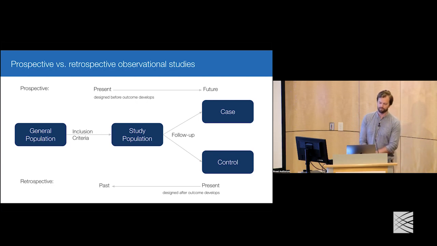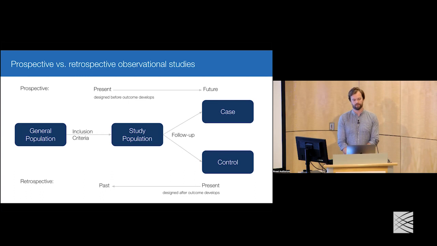one can think of clinical observational studies as being broken down into two general categories. One can design a prospective study, the defining feature being that the study itself is conceptualized and designed before any outcomes develop in the individuals included in the study.